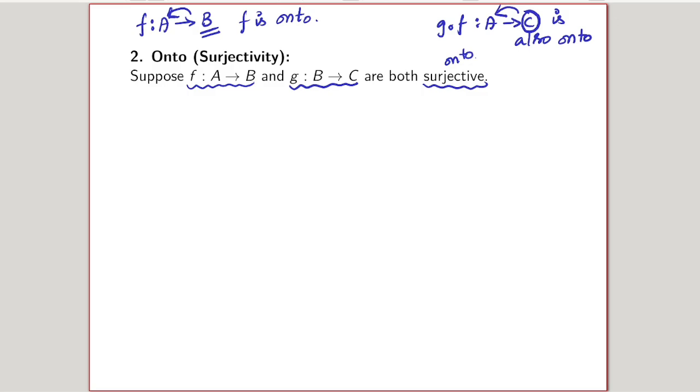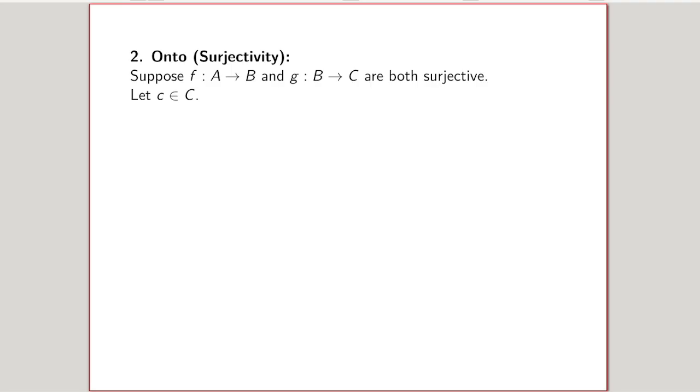pre-image. So since the codomain of the composition map is C, I am going to choose one element c from the set C. Observe that g is a map from B to C and it is surjective.